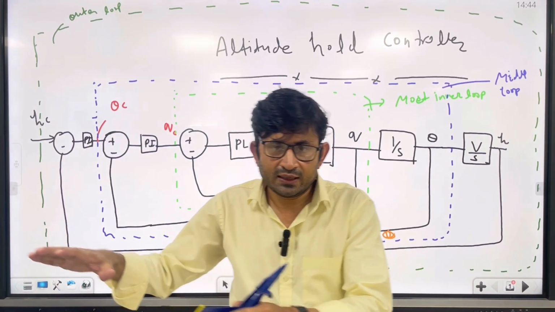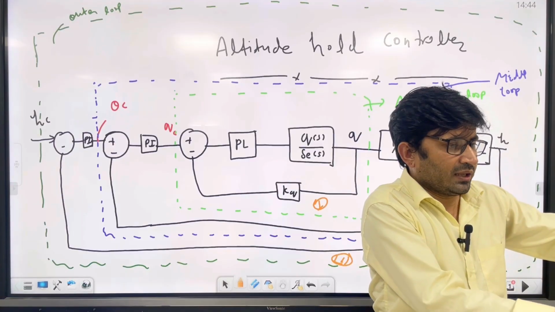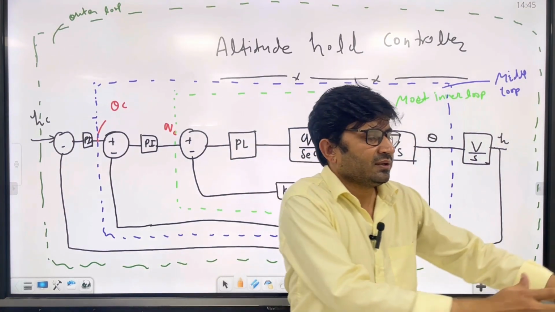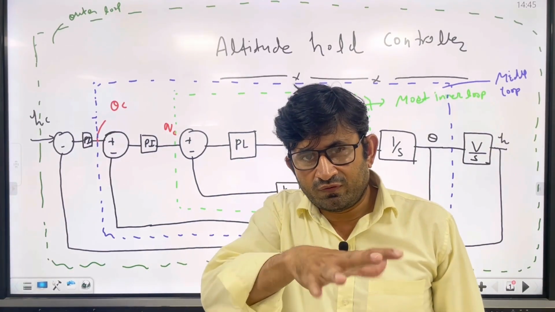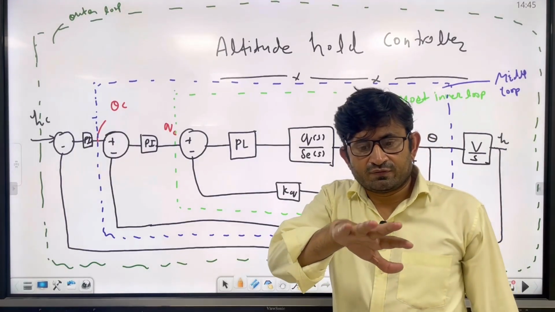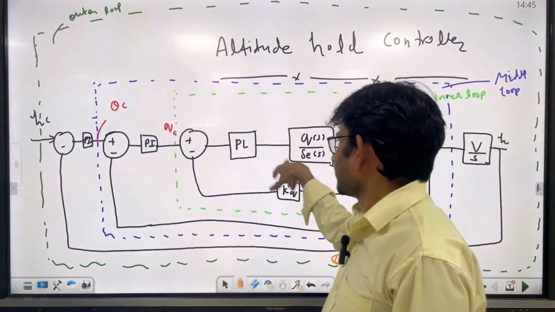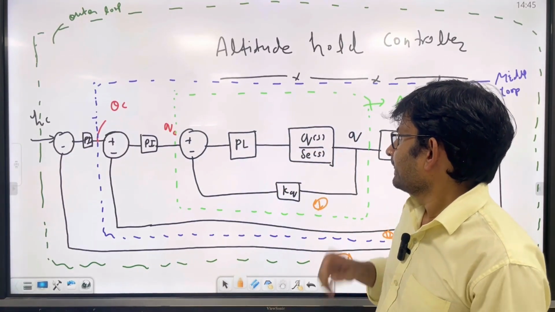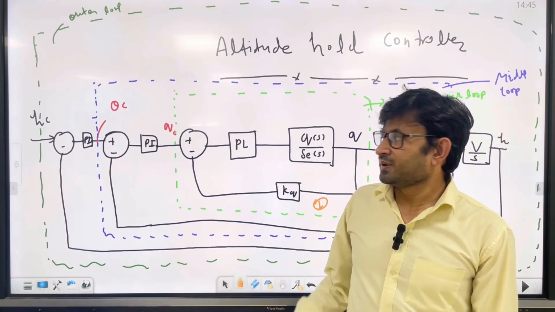It will drag, and then you will take a roll and bring it back again. So unnecessarily, this is a waste of time. Immediately you have to correct. That is why roll fast. That is why you have to generate a faster roll rate, right? So that is why the rate group should act fast, whether it is roll rate or pitch rate. Okay. So that is the basic logic behind keeping the inner loop fast.